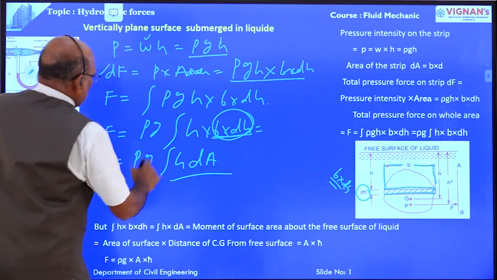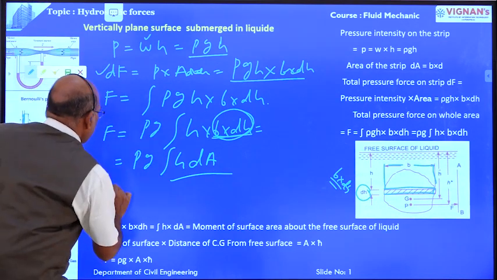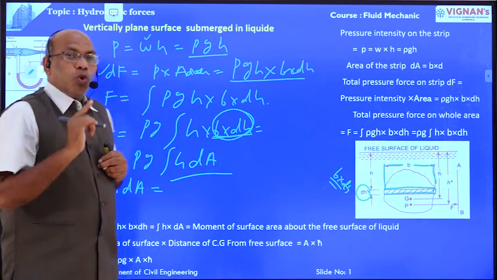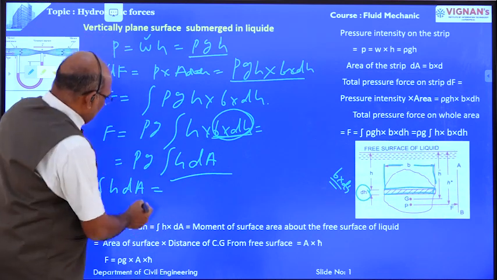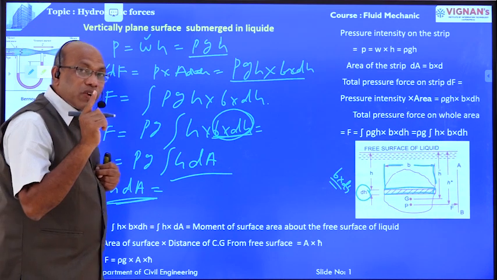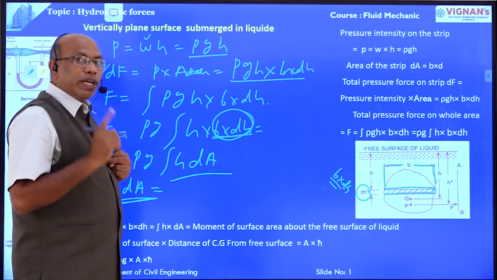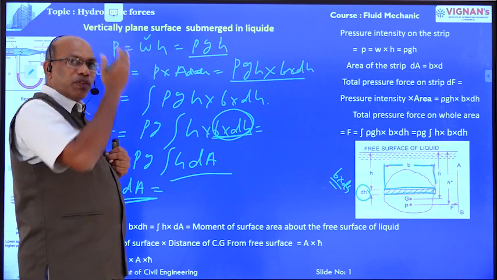Now we know one statement, that integral H dA is the moment of surface area about the free surface of liquid. Therefore, moment of surface area means area into distance from the free surface.